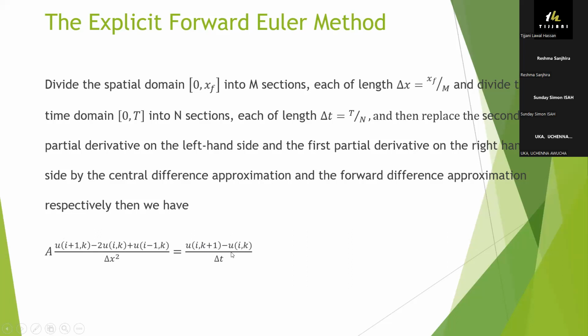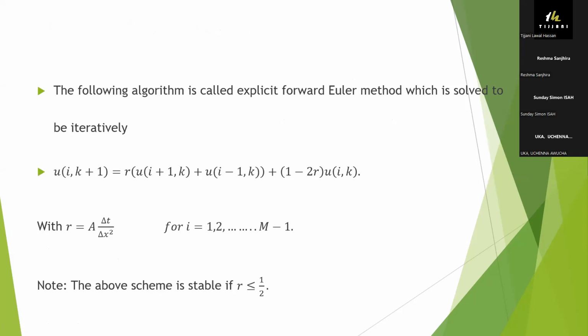So I am using the explicit forward difference formula here. In the next section I will replace it by the backward difference approximation. So this term will remain the same and we will make a change in this term. If you solve this scheme, then you will get the following algorithm, called the explicit forward Euler method, which is solved by an iterative scheme.